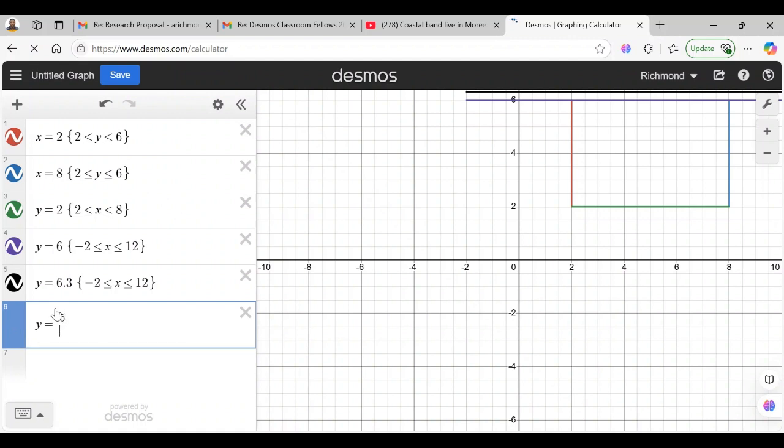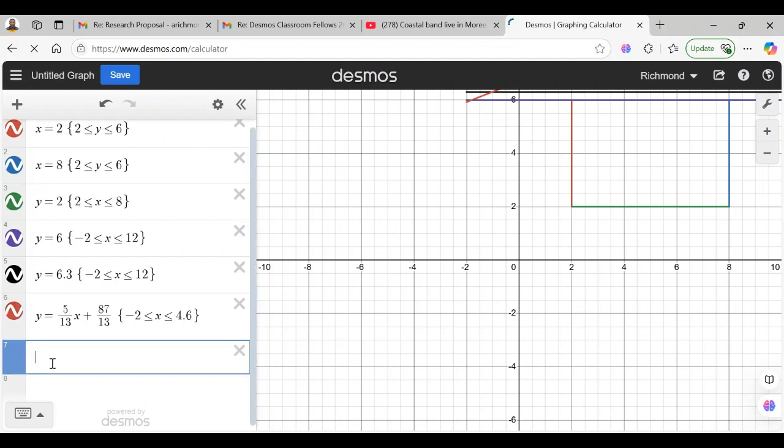5 on 13 x plus 87 on 13, for the boundary conditions negative 2 less than or equal to x less than or equal to 4.6.